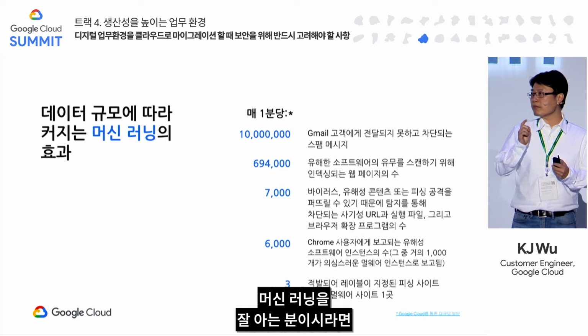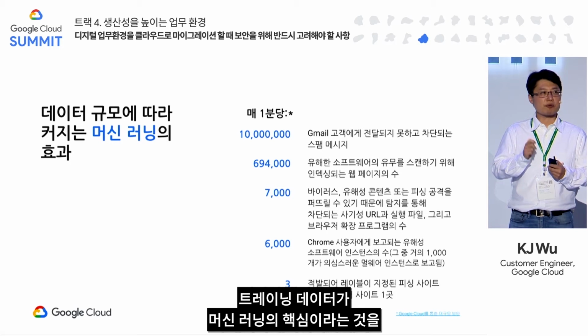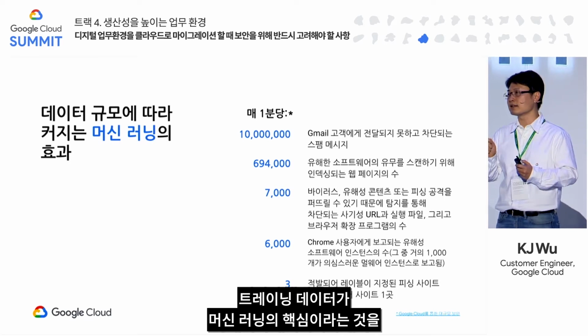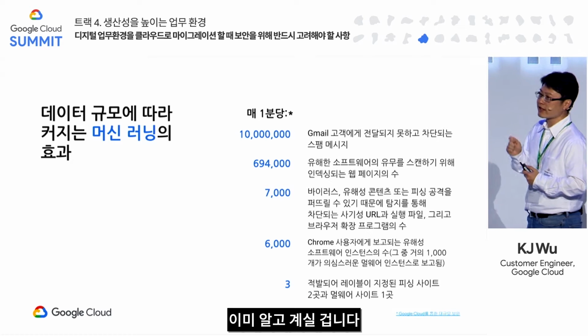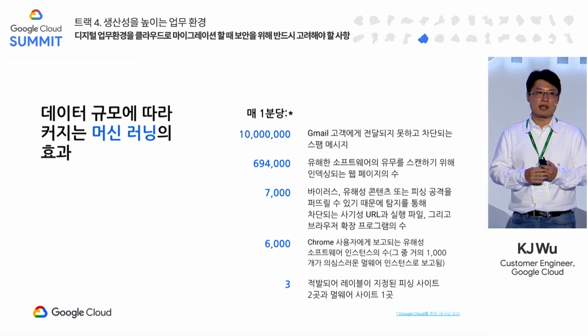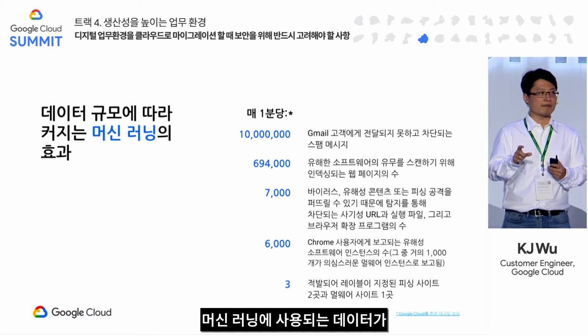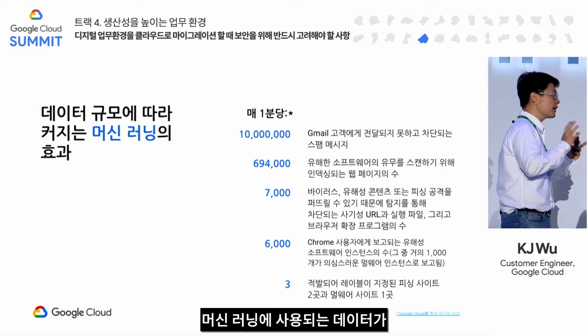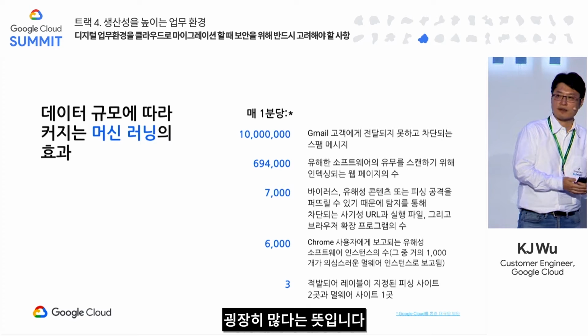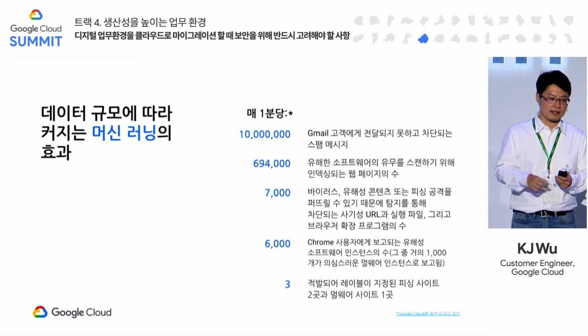But if you know machine learning well, you know the scale of the training data is key for your model. To have a high accuracy model, you need a lot of data to train it.